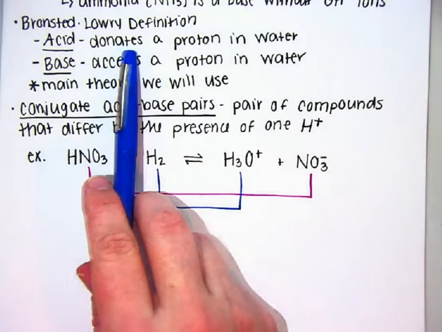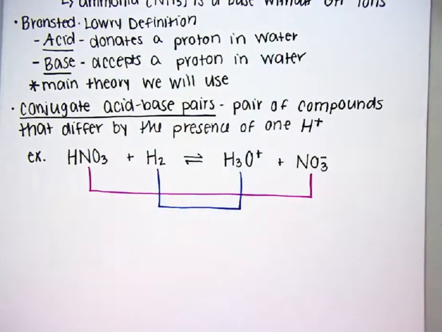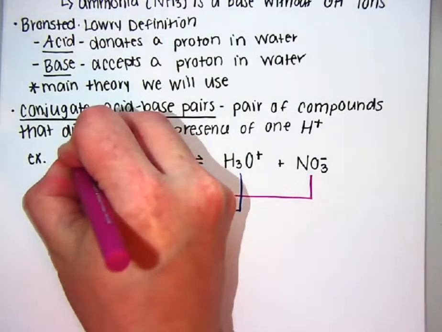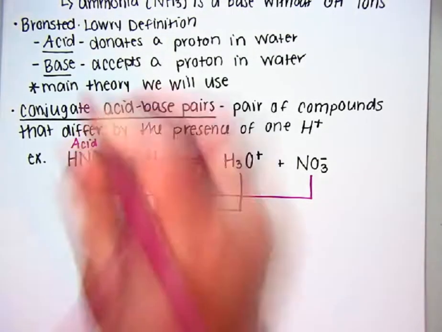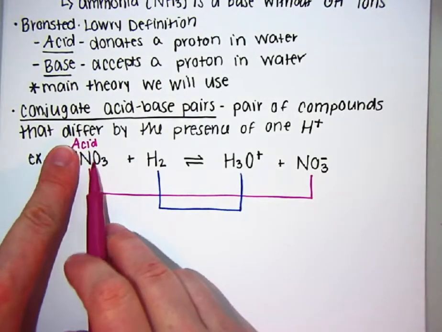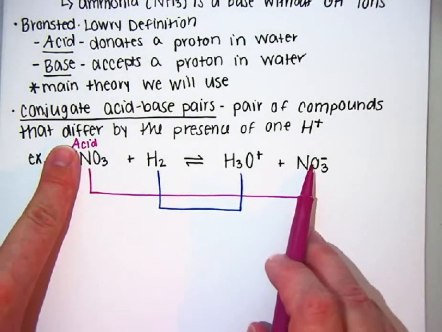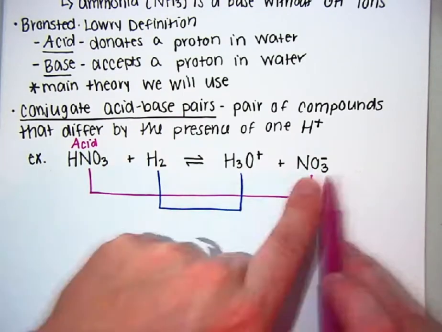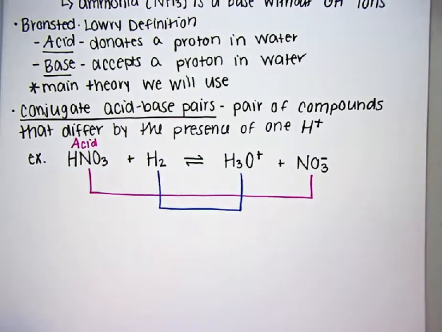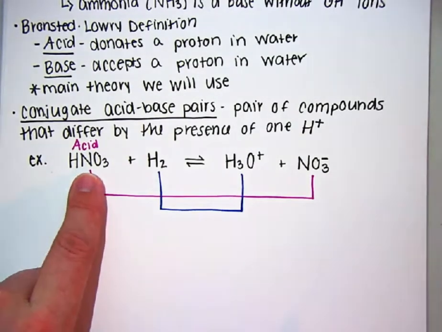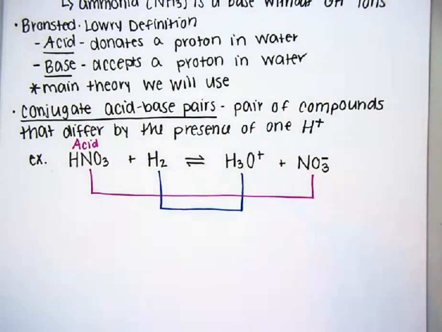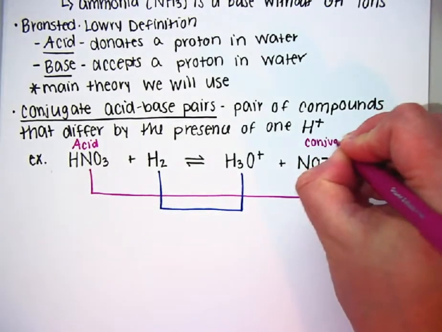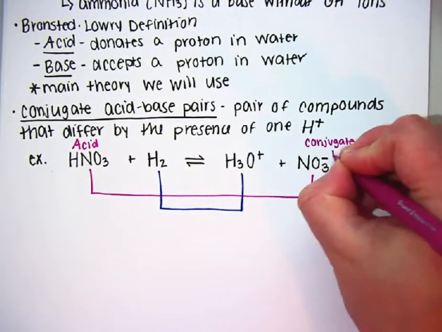The acid is going to donate a proton. So which one of these donates a proton? HNO3. It donates its proton, and now it is NO3 minus. It lost a hydrogen, and it lost a positive charge, so it went from neutral down to a -1. We would say HNO3 is the acid, NO3 minus is its conjugate base.